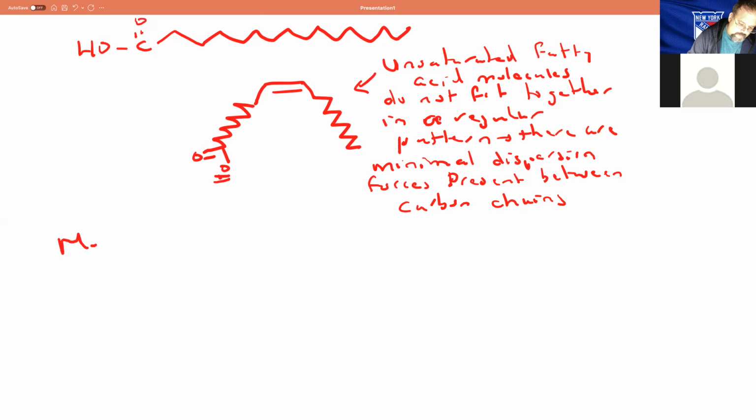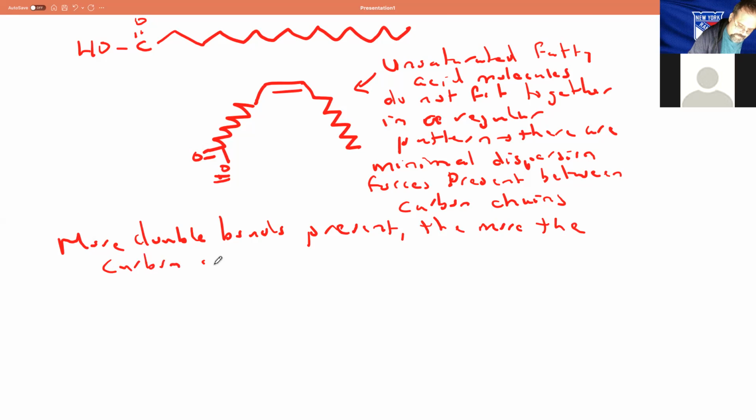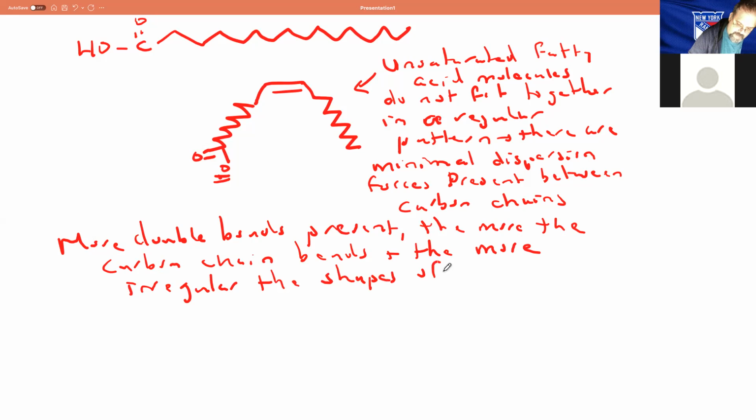Now, the more double bonds that are present, the more the carbon chain bends, and the more irregular the shapes of the molecules become.